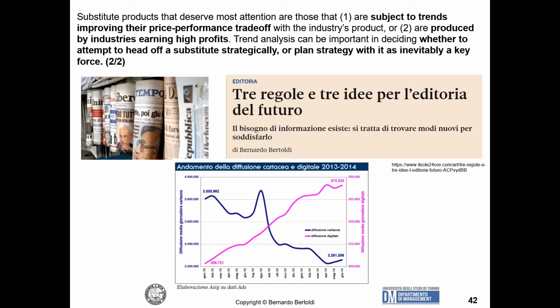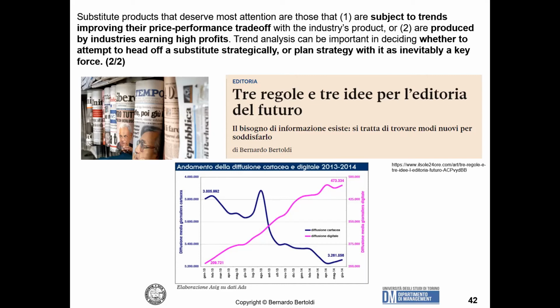And I checked these three ideas for the future of newspapers, because they entered a competition, and if you want to boil down the situation, they have a price performance trade-off, and the problem is not the price, it's the performance.